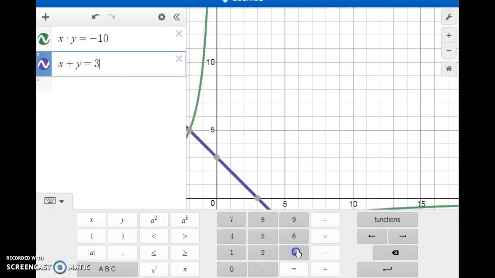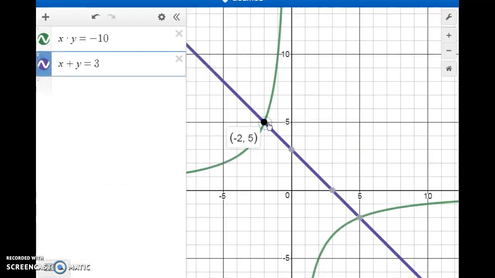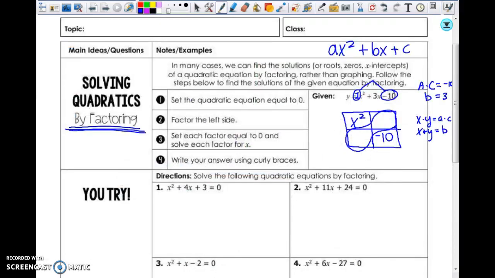So you put in a 3, and then you're looking for where they cross. So your two missing numbers are negative 2 and a positive 5. So a negative 2, doesn't matter where you put it, positive 5, and also remember, this is the box that has the x.